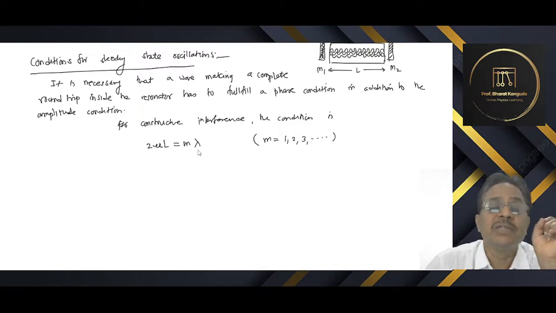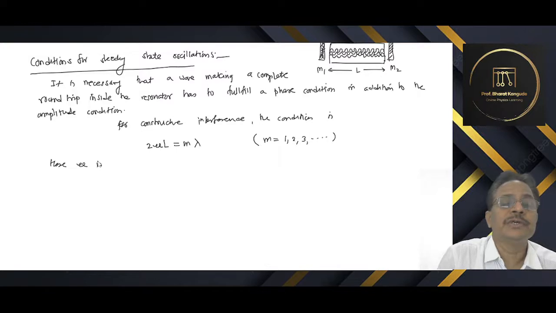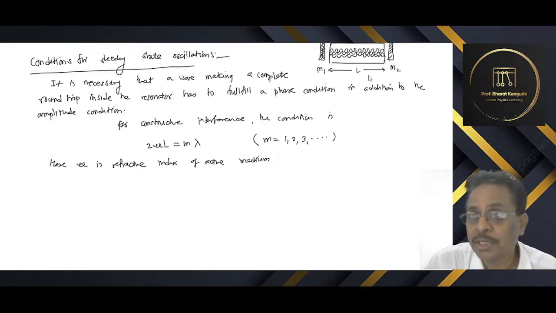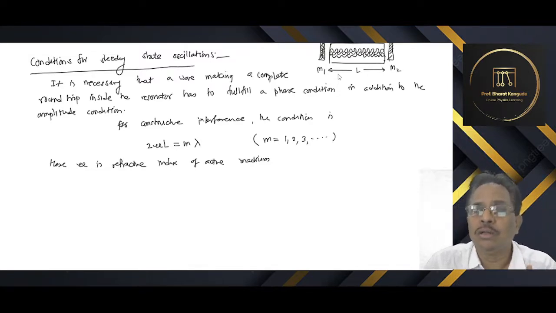This lambda is the wavelength of this light, L is the length of this cavity, and this mu is the refractive index of the active medium. Therefore mu L is the optical path. That means when there is a medium of refractive index 1, air, and we have length L there, then L into the refractive index of air is the optical path.